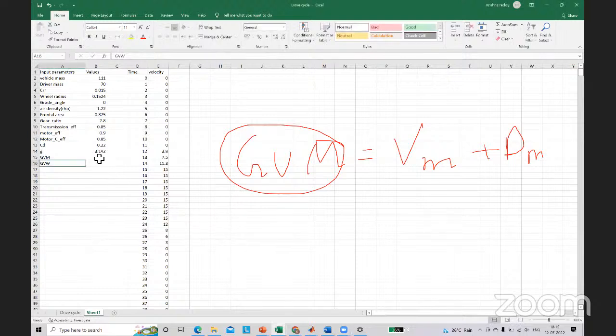So what I am going to do, just bring an equal sign, add vehicle mass plus driver mass, and press enter. And if you multiply by G, you will get newtons, that is nothing but the gross vehicle weight.